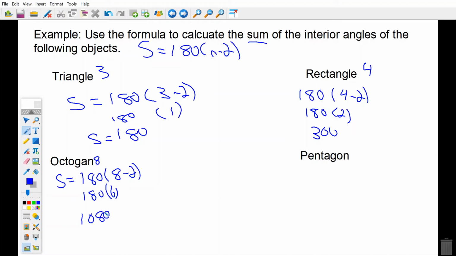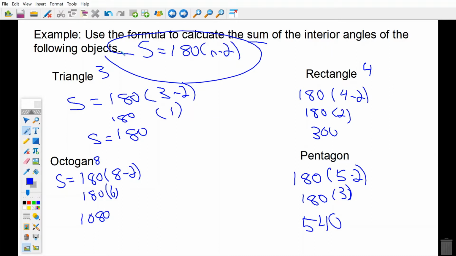A pentagon will have 5 sides. So 180 times (5 minus 2), which is 3. 180 times 3 is 540. So this formula, once again, will help you find the sum of the interior angles of the following objects.